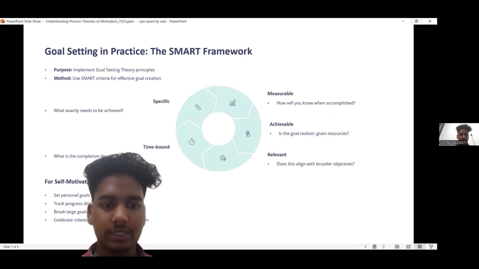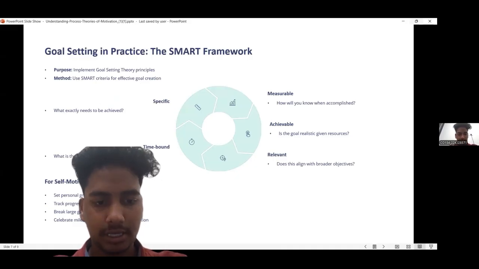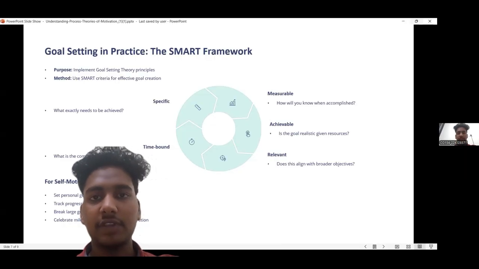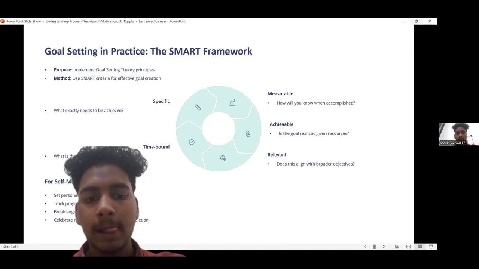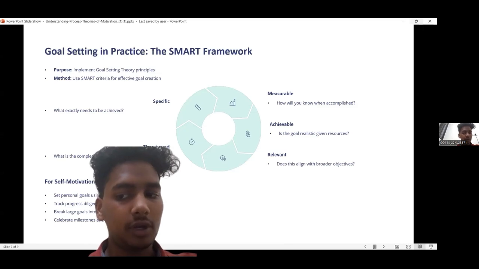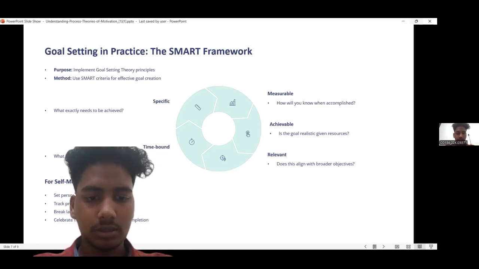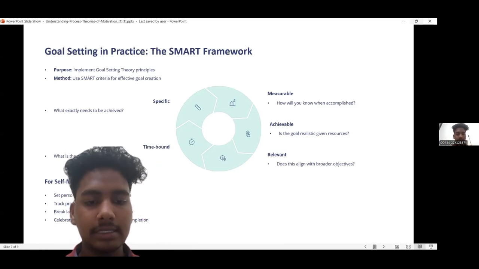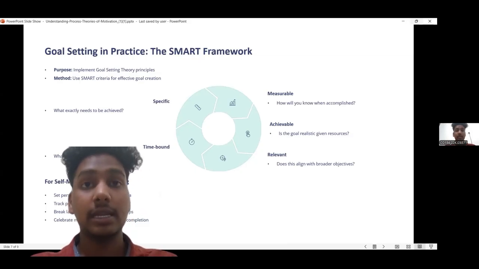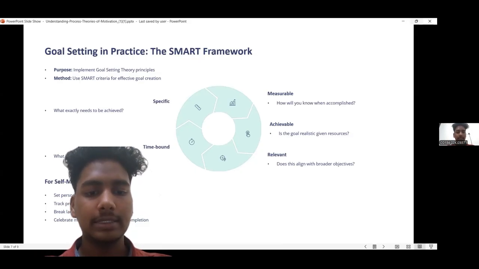There are the same three theories: expectancy theory, equity theory, and goal setting theory. With expectancy theory, individuals can motivate themselves by believing their effort will lead to positive results. For example, studying consistently can lead to good marks and better career opportunities. Recognizing this connection helps maintain consistency and effort.